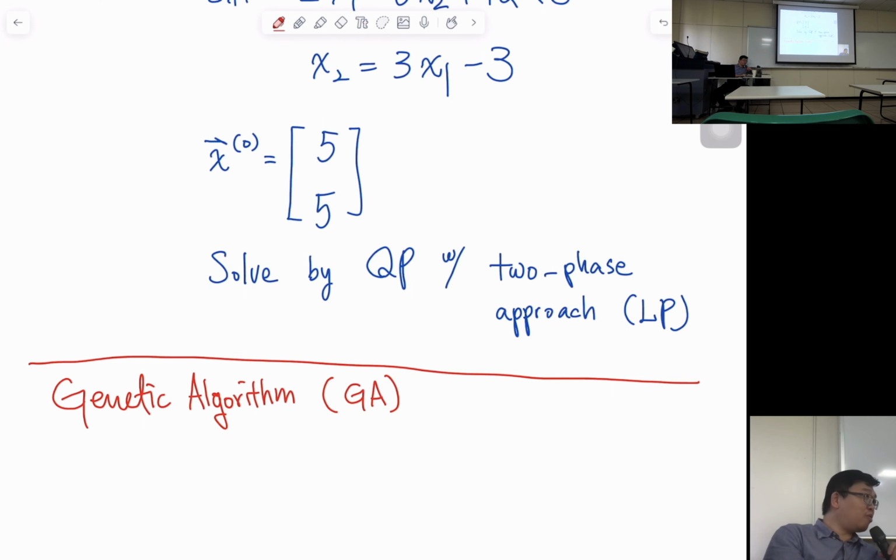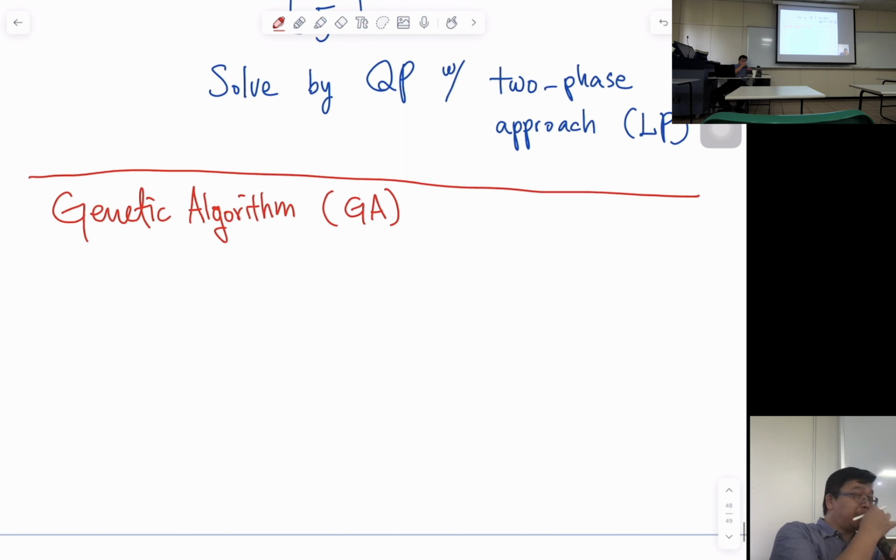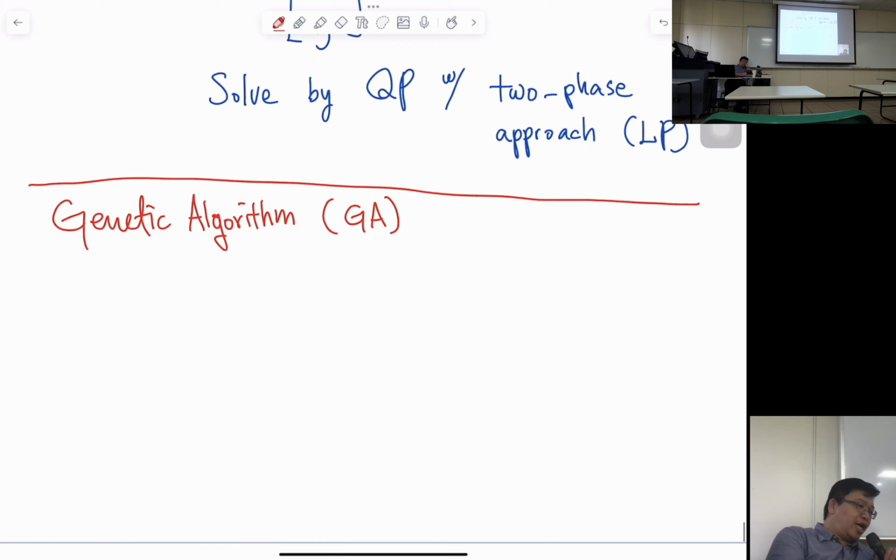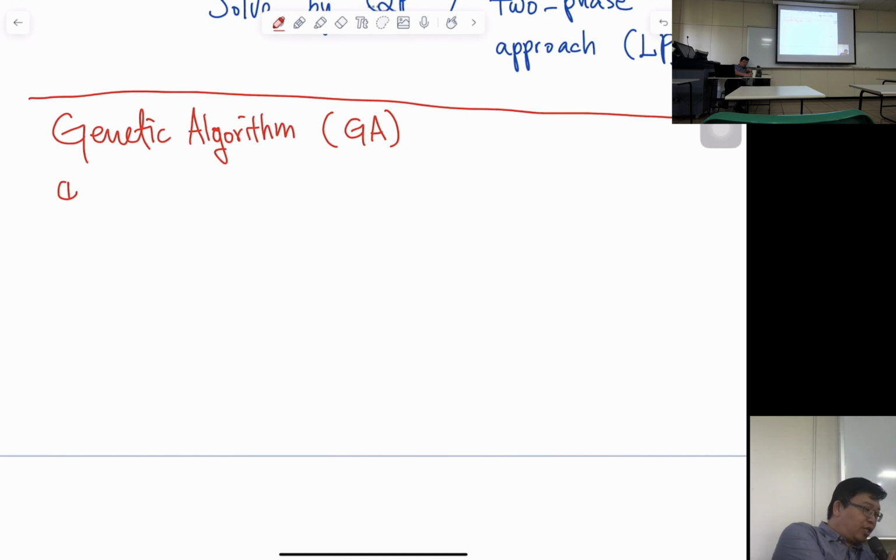GA is a very simple method, everyone can use it. The concept is, when do we use GA? Usually when you cannot take derivatives. So in my opinion, there are two situations that you can use GA. One is you cannot take derivatives.